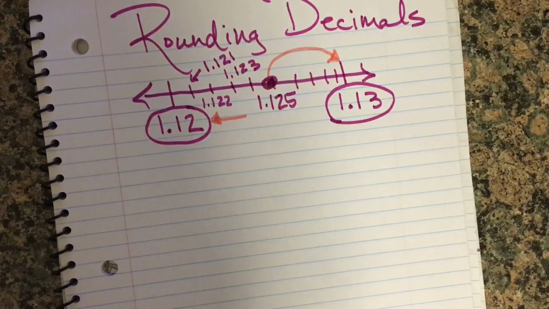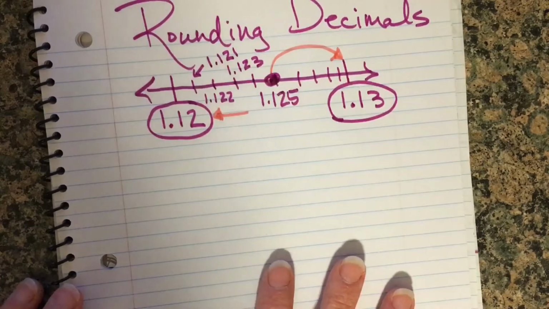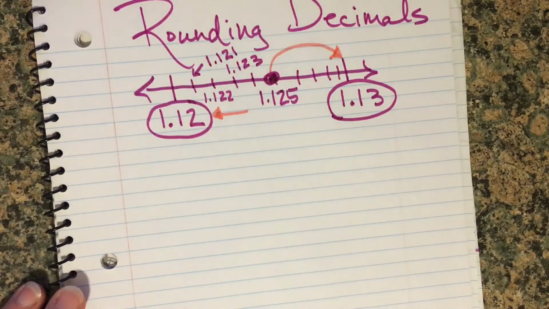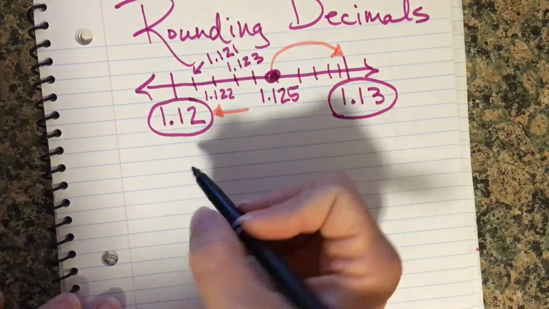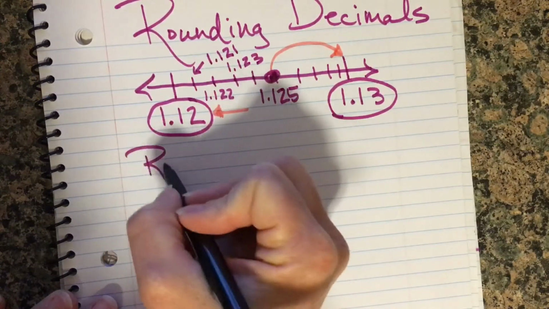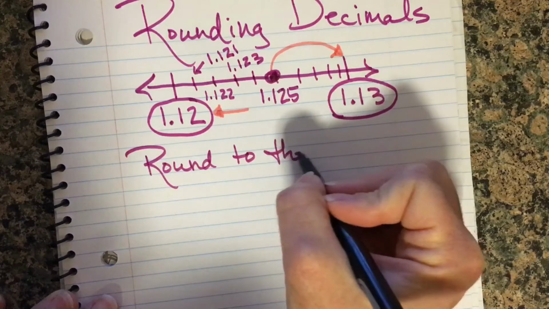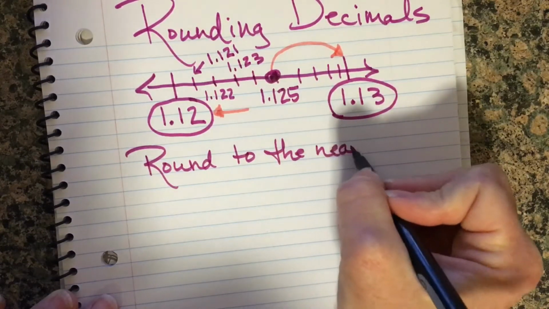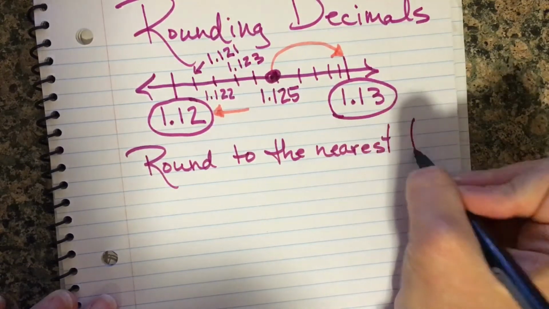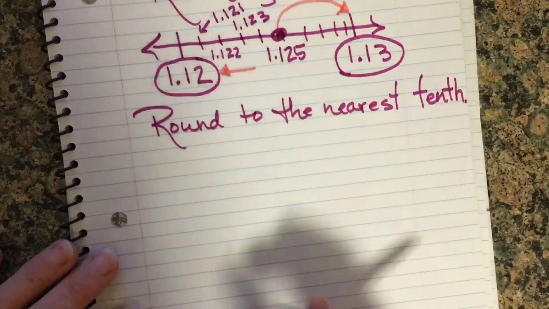And there's some tricks you can do to help yourself keep from rounding to the wrong place value spot. So if I see a question and it says round to the nearest tenth, they're going to give you a number.